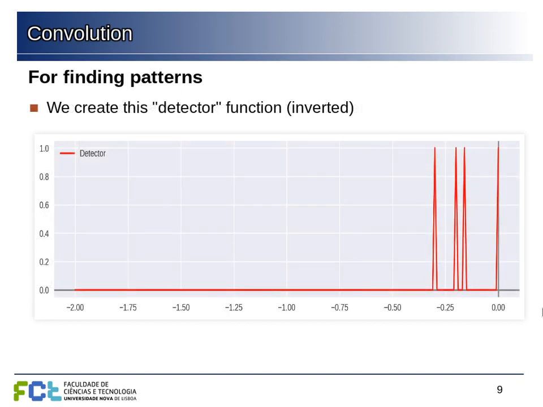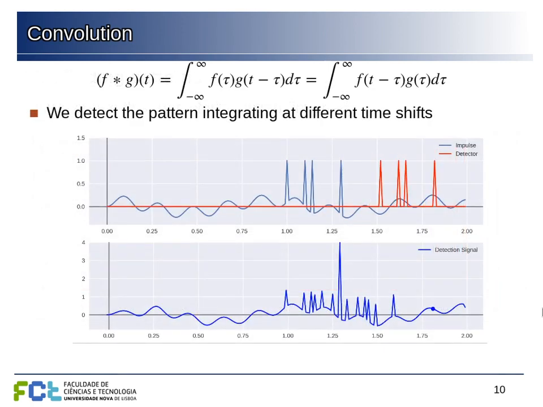If we create a detector, which is, this would be the detector function with the right inversion and so on, when we apply the convolution operator here, we have these products here that when the time shift has these values, the result of the convolution is low, but as we start overlapping the pattern with the detector, we start getting higher values here, and this peak indicates where the pattern really matches the detector in our signal.